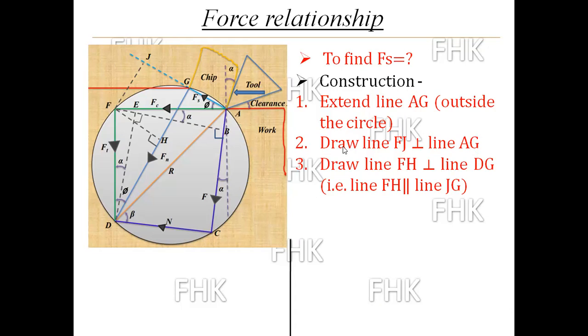Second construction: I will draw line FJ, which is perpendicular to line AG.